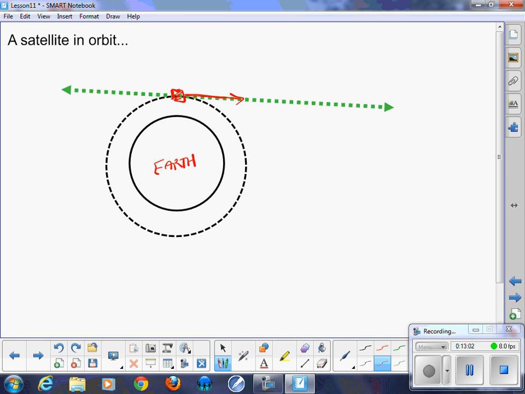Now, if the satellite loses orbit, or if our centripetal force is exceeded, because centripetal force is what's holding this satellite in, this would be the path.